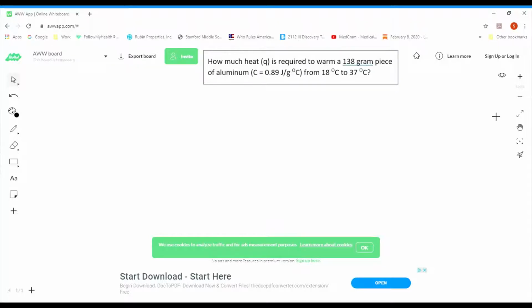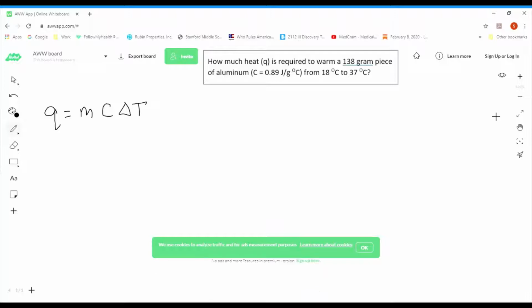We're going to use this equation. The equation is Q is equal to M times C times delta T. You might ask, where did you get that equation from?